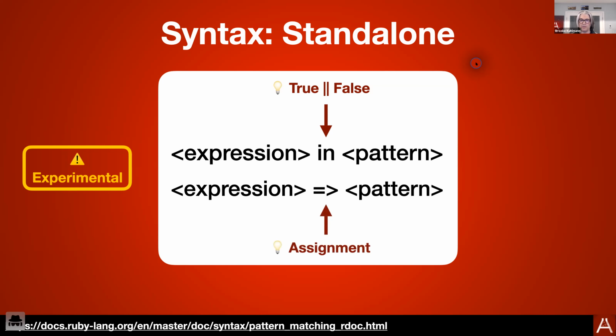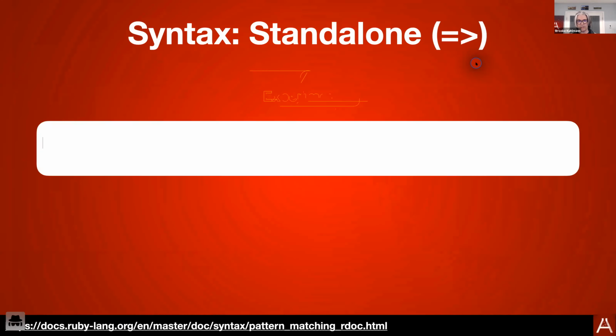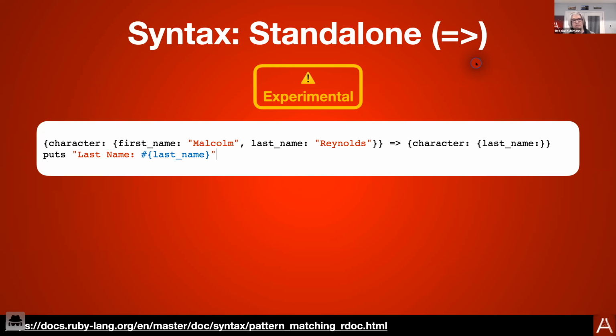The other thing that's really cool that you can do is you can use a hash rocket, and you can actually assign the elements of your expression that you're trying to pattern match against to variables and use that data for further processing. So what does that look like? Well, if we take this case right here, where we have a hash and we're pattern matching against this key value, right? Well, actually just the keys.